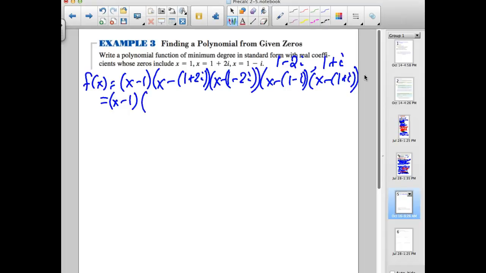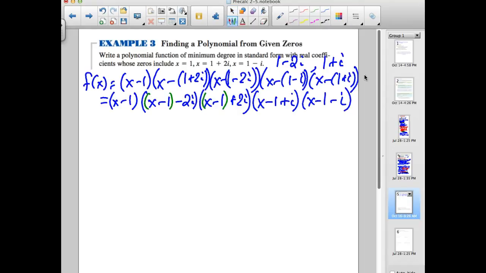Okay, so again, distributing, we have x minus 1 minus 2i, x minus 1 plus 2i, x minus 1 plus i, and x minus 1 minus i. All right, and we're going to regroup so that we can see our conjugates.